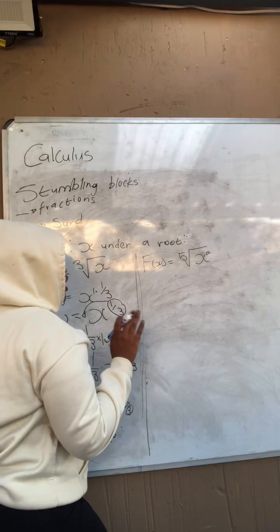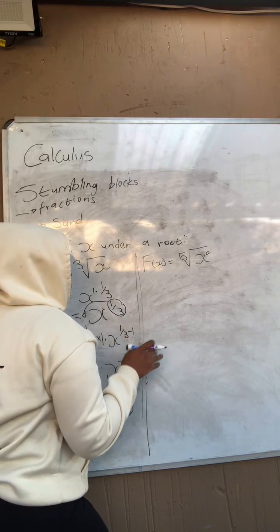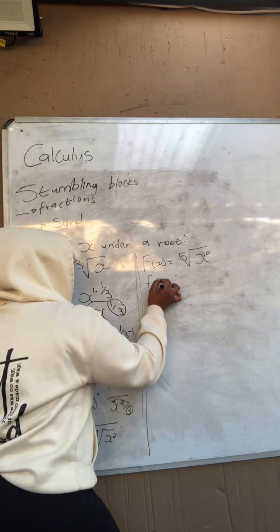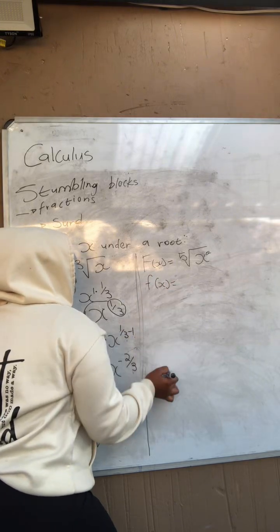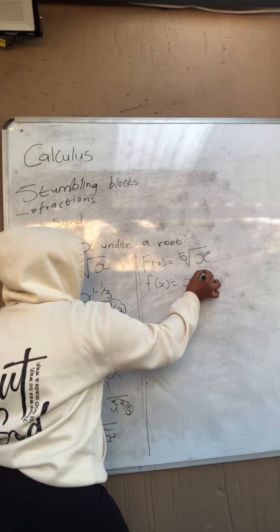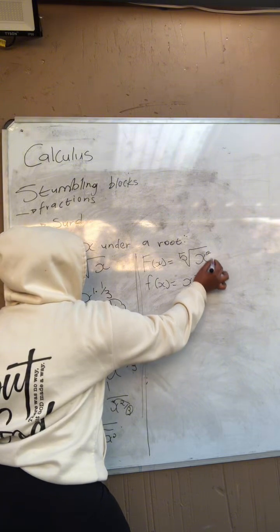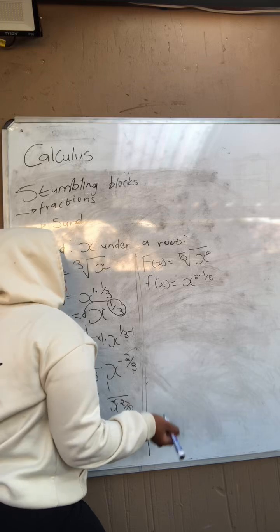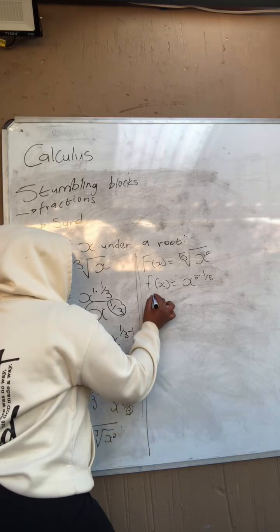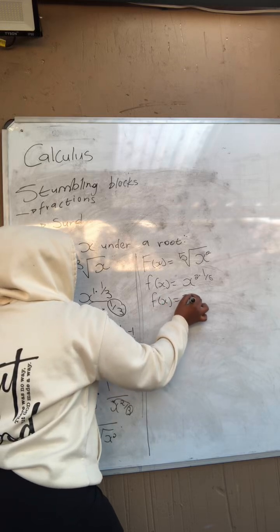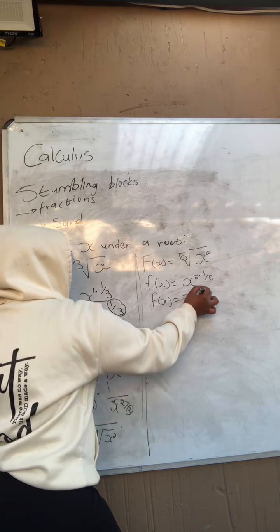So our first step is to simplify the problem. So we are going to have f of x equal to x to the power 2 multiplied by 1 over 5. Fifth root is the same as 1 over 5. Therefore, f of x will be equal to x to the power 2 over 5.